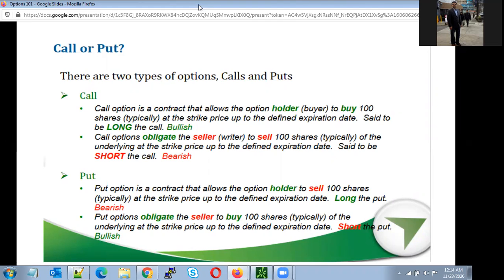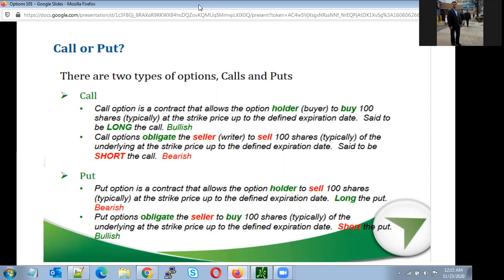Now put, when you think the stock is going down. Here I am talking about put buyers. You think this market is overvalued and this particular stock should go down. So when you buy a put, your assumption is that this stock is going to go down, and you are going to make money when the stock goes down.